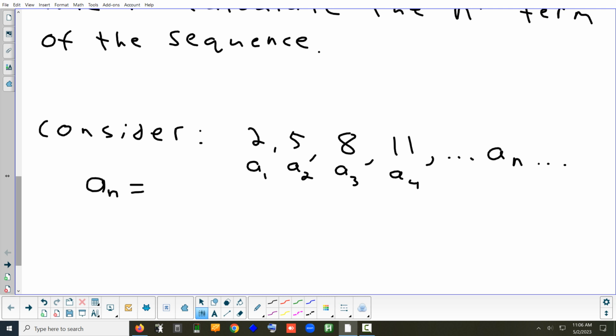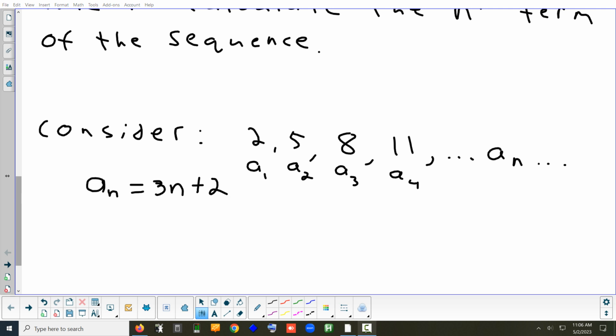Does anybody see how I could get any term that I want to know specifically? Yeah? As an equation? Yeah, I'm looking for a formula. You can just do 3n plus 2. Because you started at 2.